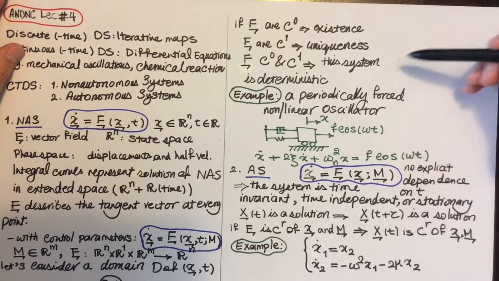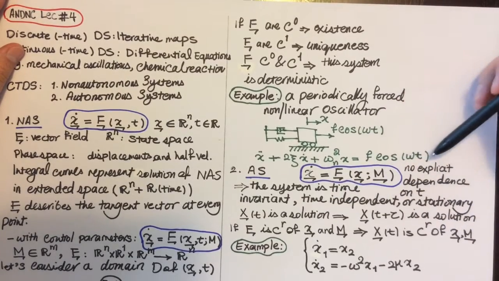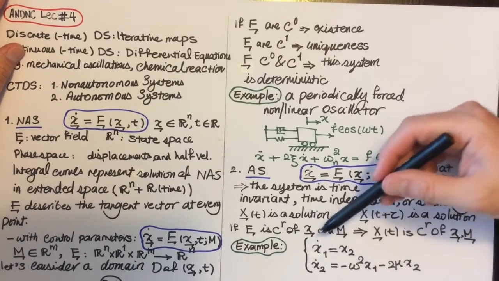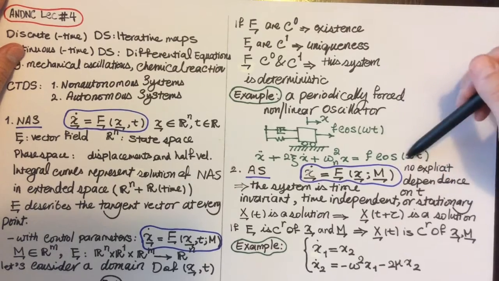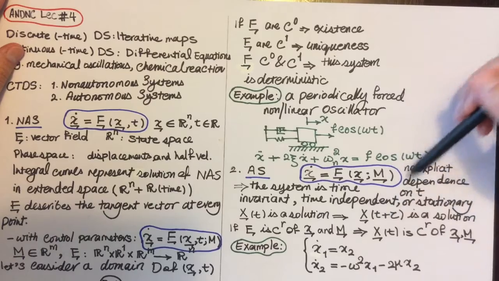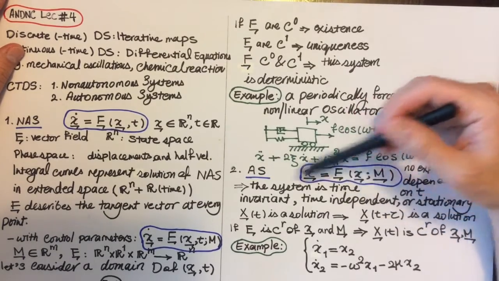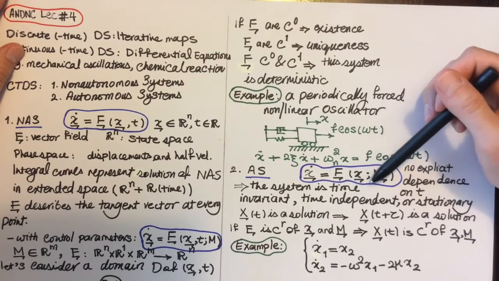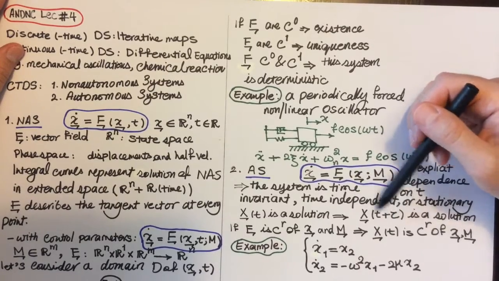It's the case because you don't have any other function depending on time. If you look at the non-autonomous system, it matters what tau is. On the right hand side, your forcing is not necessarily the same for t and t plus tau. But for autonomous systems, this is always the case. So f at x and m is always the same, either at t or at t plus tau.